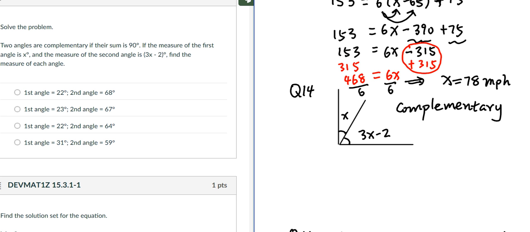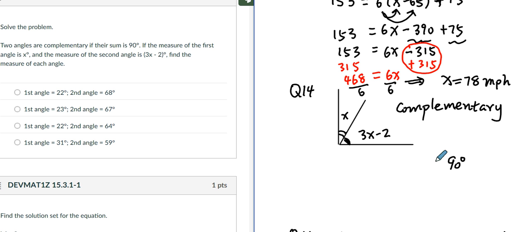14, that's something about geometry. If two angles are complementary, let's say here is one angle, here is another angle, two angles. If they are complementary, that means they add together to 90 degrees.